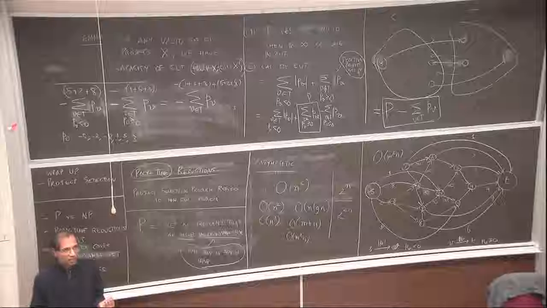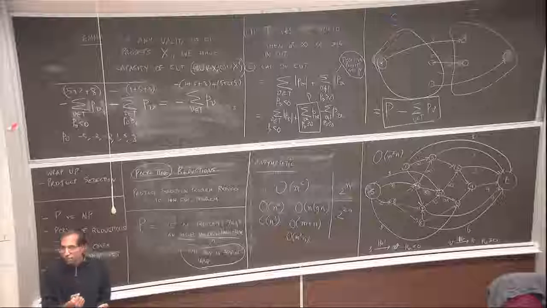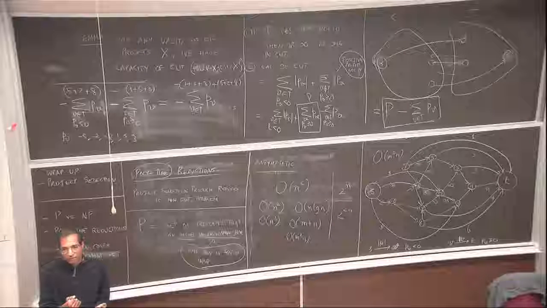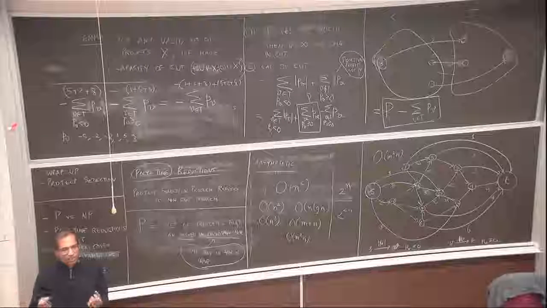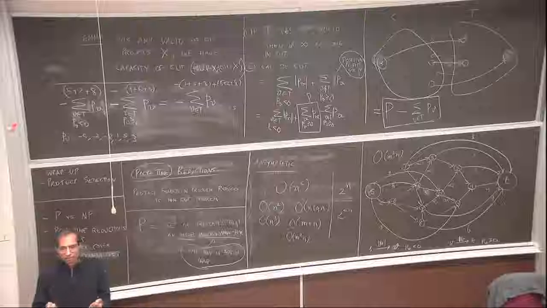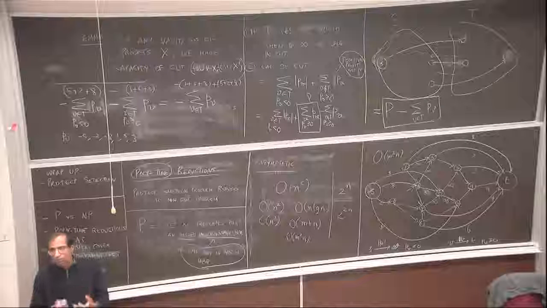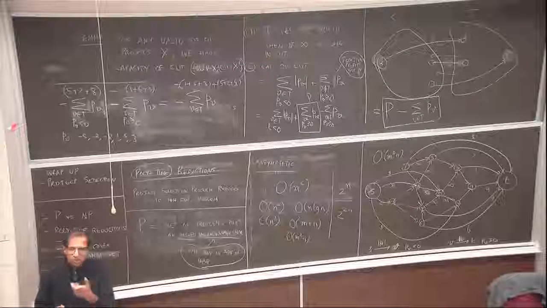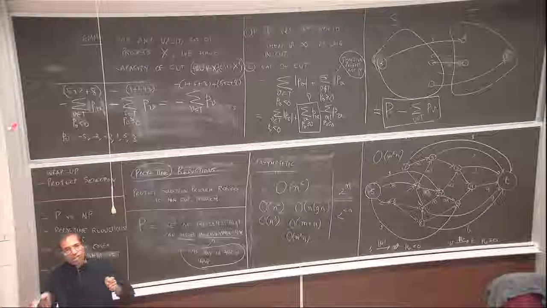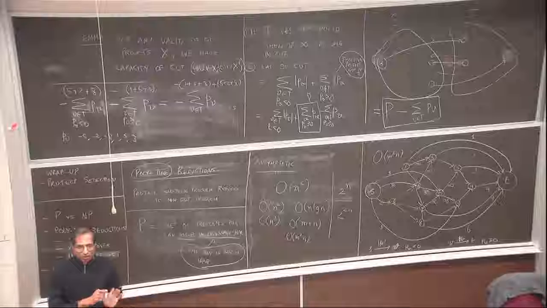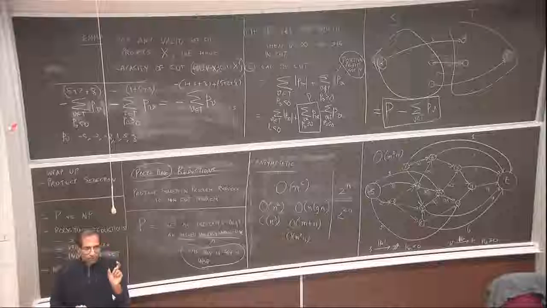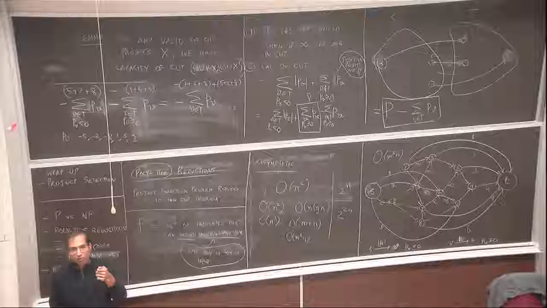We sometimes have weights on the edges as well, and we usually just think of each weight as one word. We don't look at how many bits it takes to write down. You could, if you wanted, talk about how many bits are needed to write down the weight, but we have mostly worked with a model where we don't care about the length of the words; we just think of it as one number.